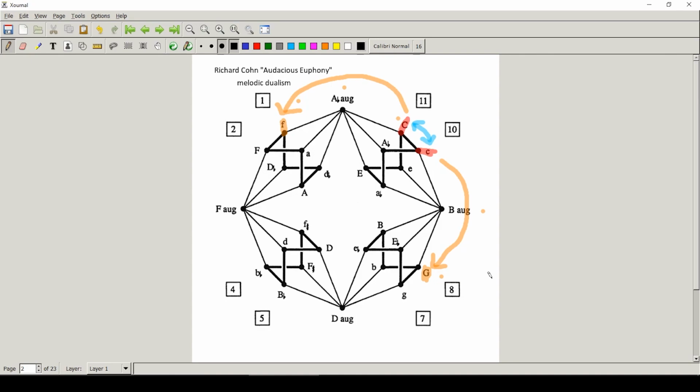And I think most of us are comfortable with the idea that melodic motions up and melodic motions down are the same kind of thing, but they're negative versions of each other in some really simple sense. So C major to F minor.